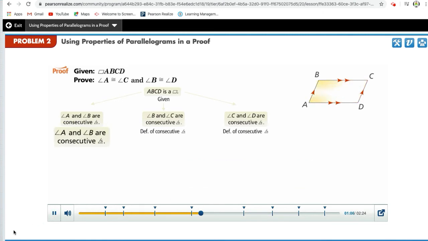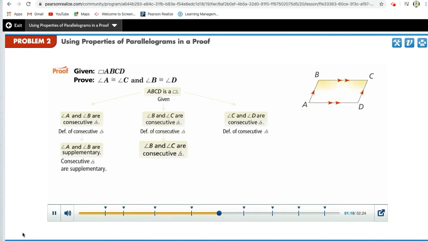Angle A and angle B are supplementary, because consecutive angles of a parallelogram are supplementary. Angle B and angle C are also supplementary for the same reason, and angle C and angle D are supplementary for that same reason.